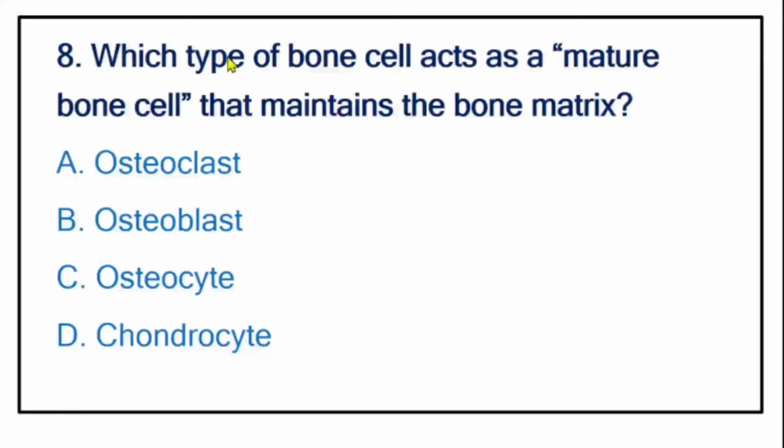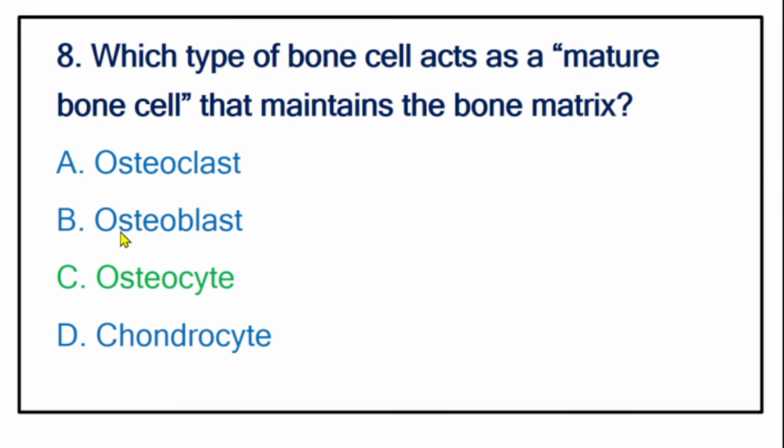Eighth question. Which type of bone cell acts as a mature bone cell that maintains the bone matrix? Osteoclast, osteoblast, osteocyte, chondrocyte. Correct answer, osteocyte.